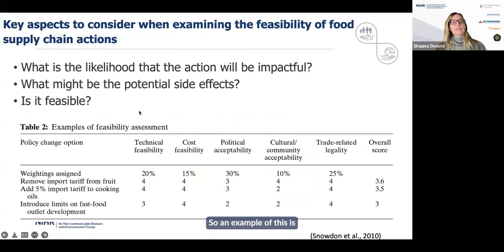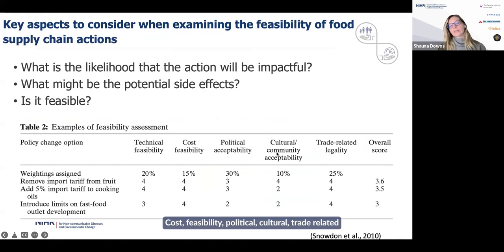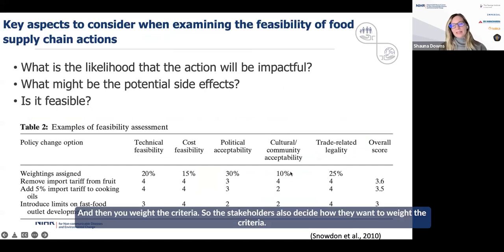So an example of this is, again, from one of Wendy Snowden's papers, but the criteria that were used in this case are technical feasibility of the policy, cost feasibility, political, cultural, trade related, and then you weight the criteria. So the stakeholders also decide how they want to weight the criteria.